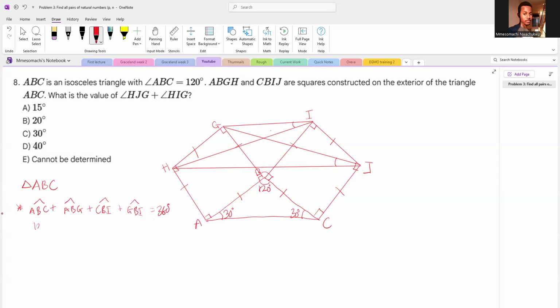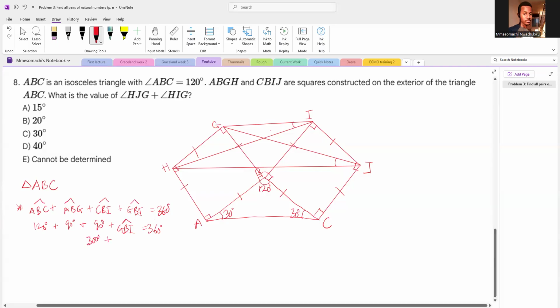ABC is 120 degrees, ABG is 90 degrees because of the square, and CBI is 90 degrees, plus angle GBI equals 360 degrees. Adding 120 plus 90 plus 90 gives 300 degrees, so GBI is 60 degrees. I'll just put 60 degrees here.